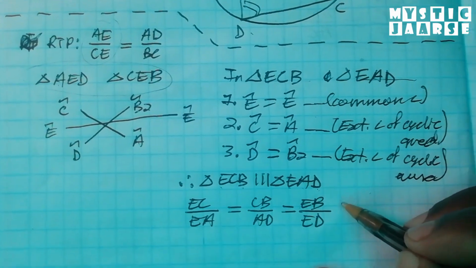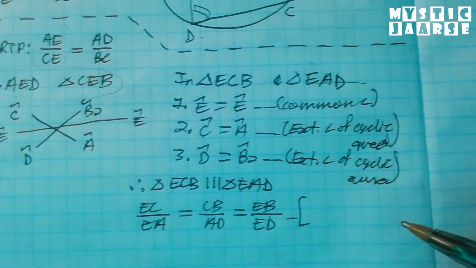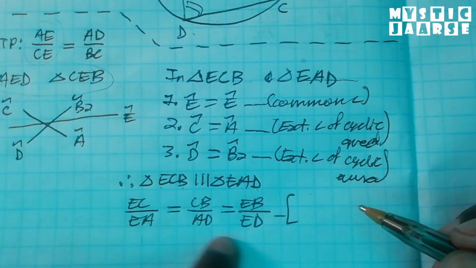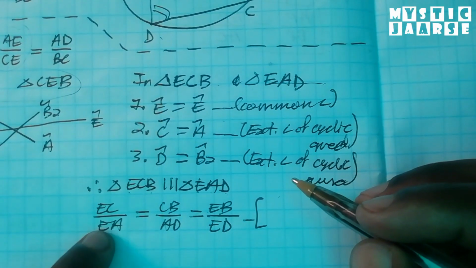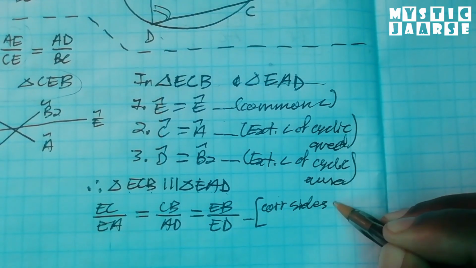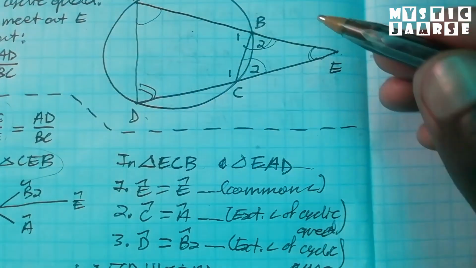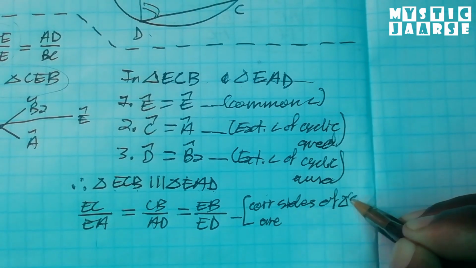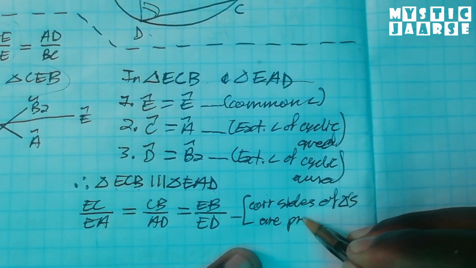Now we need to write the reason. So the reason we are able to state this is because these are the corresponding sides of our two triangles that are in the same proportion.